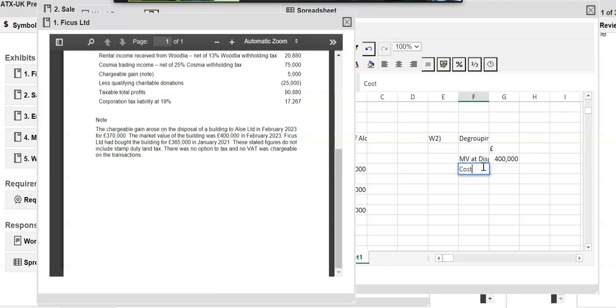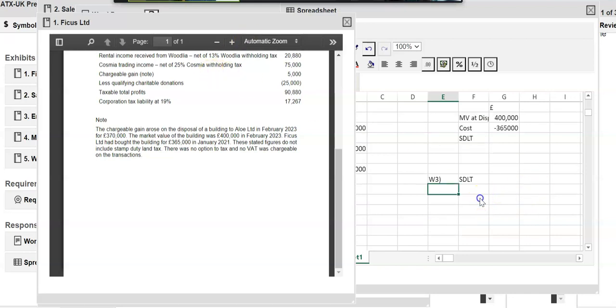Then you deduct the cost, that was 365,000. After this, you also have to deduct the SDLT. What is SDLT? Stamp duty land tax. So you have to calculate it, working number 3. How much was the value of the land? That was 365,000, right? So if we calculate the SDLT, how much will it be?